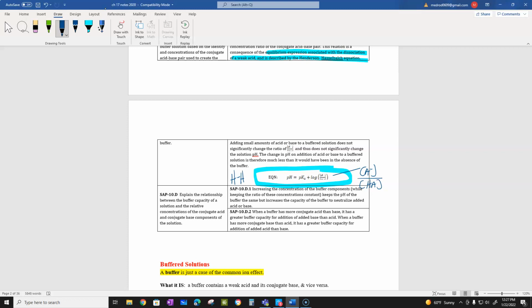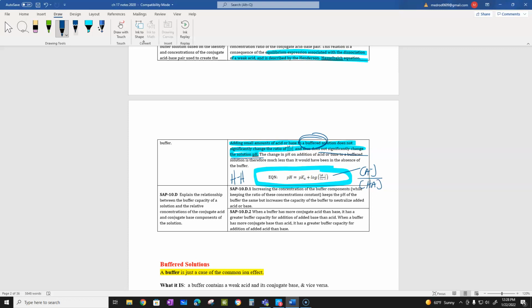Adding a small amount of acid or base to a buffered solution does not significantly change the ratio between these two, and thus does not significantly change pH. And that's the point of a buffer. So if you add some acid or base, as long as it says a buffered solution, it's not going to change pH dramatically.